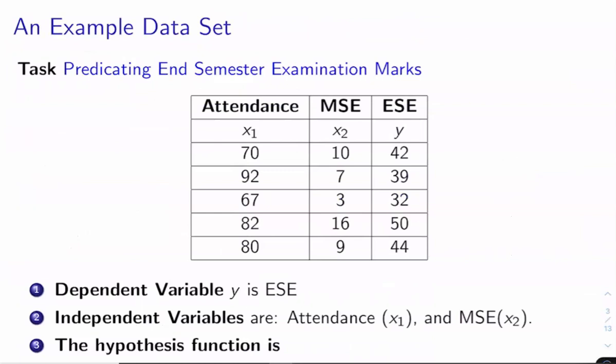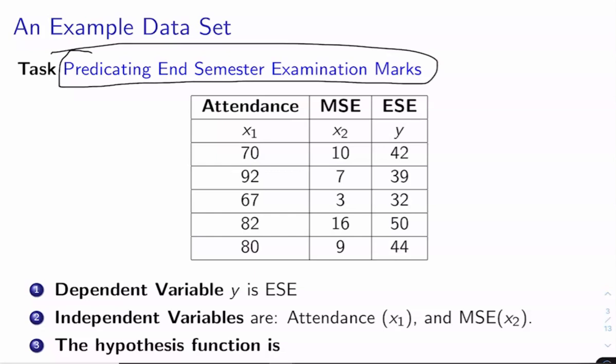The example dataset that we are going to use in this video is our student performance data, in which we are going to predict the end semester examination marks from two different input variables or features.